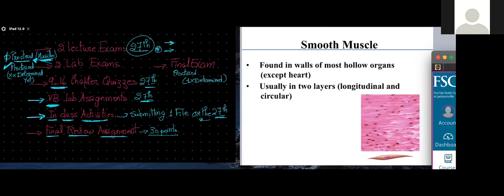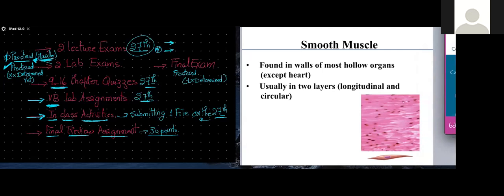Chapter 2 quiz, let me double check it. All right, so the chapter 2 quiz should also be added in here. Chapter 2 quiz, I will add this for you. Thank you for letting me know.